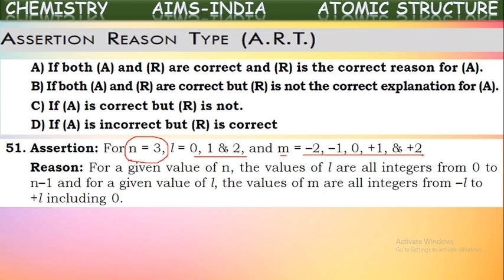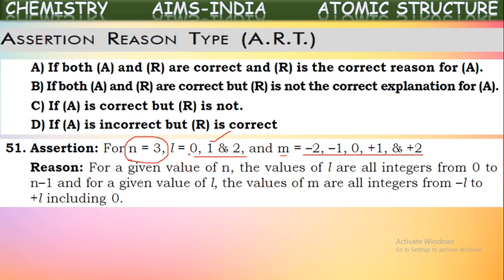Isn't it? Yes, it is correct. For n is equal to 3, l values will be from 0 to n minus 1. So n value is given as 3 here, so l values will be 0, 1 and 2. So this is correct. And m values may be from minus 2 to plus 2 including 0.